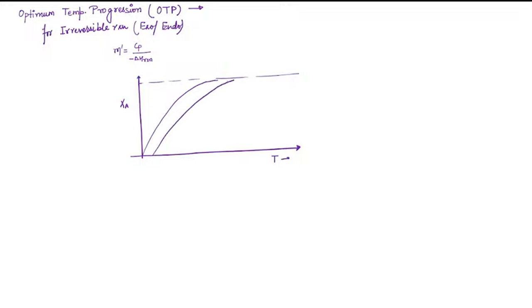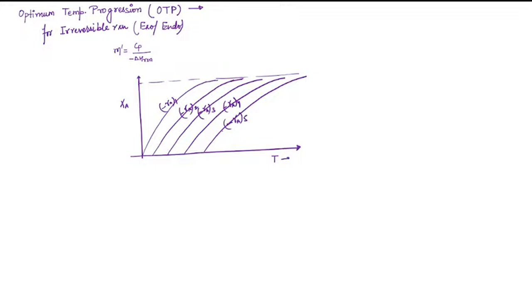So sir, if I'm able to maintain the rate as high as possible, minus RA1 minus RA2 minus RA3 minus RA4 minus RA5.